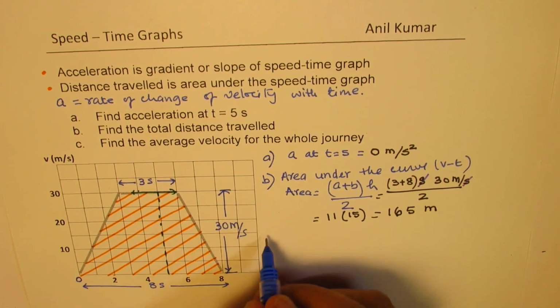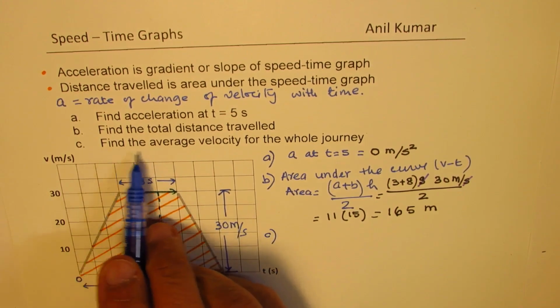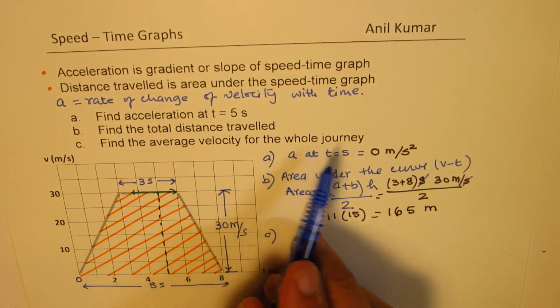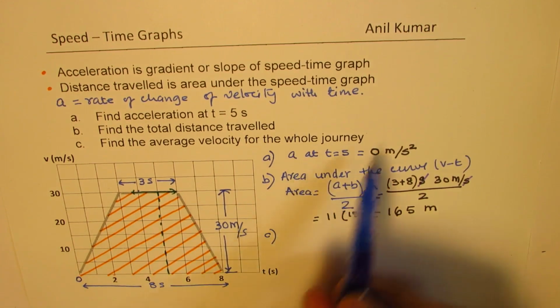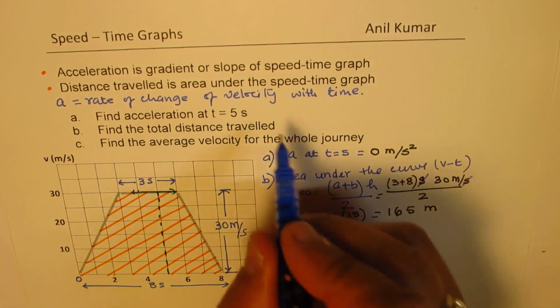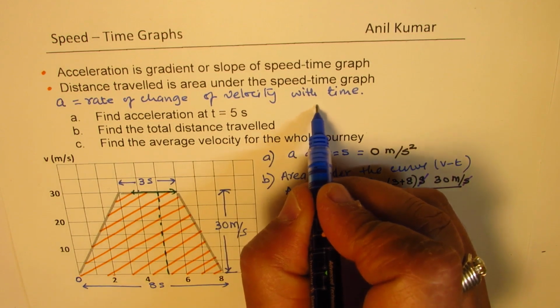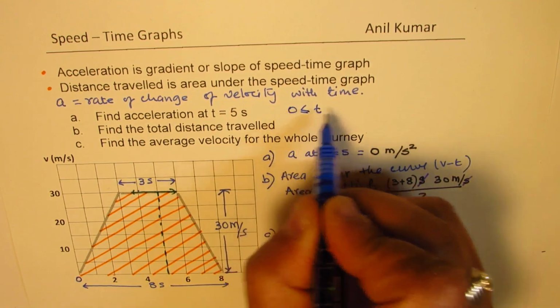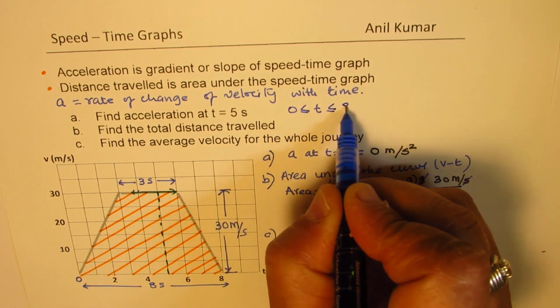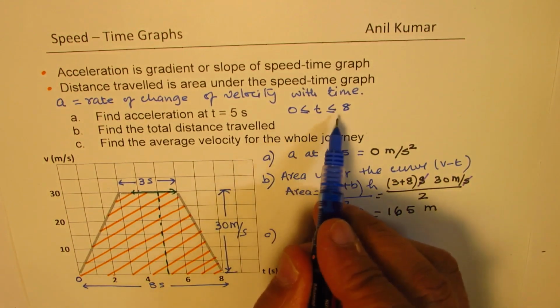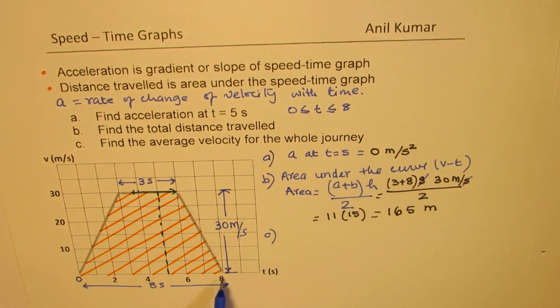Now let's do part C, which is find the average velocity for the whole journey. The whole journey we're talking about is basically from t greater than or equal to 0 and less than or equal to 8, right? So the time taken is 8 seconds, right?